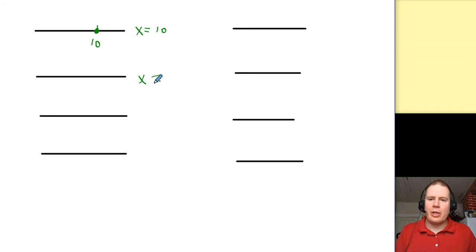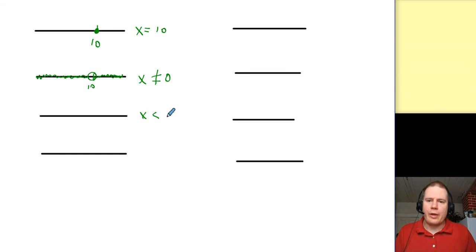If I'm saying it's not equal to the number, I'm trying to shade in all of this and all of this, but not 10. You can be any number you want, but you can't be 10. So instead of a dot, I'm going to put an anti-dot. I'm going to put an open circle right at 10. And that's how I can show everything's shaded in except for 10.